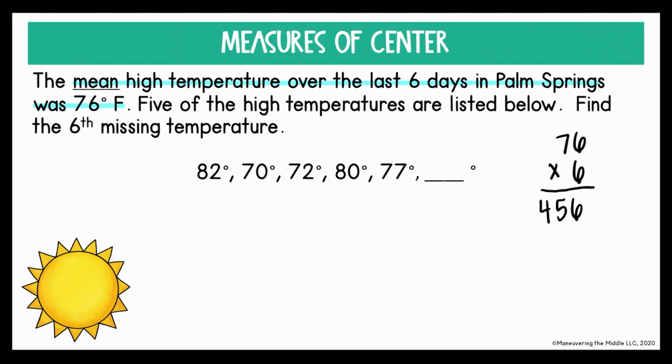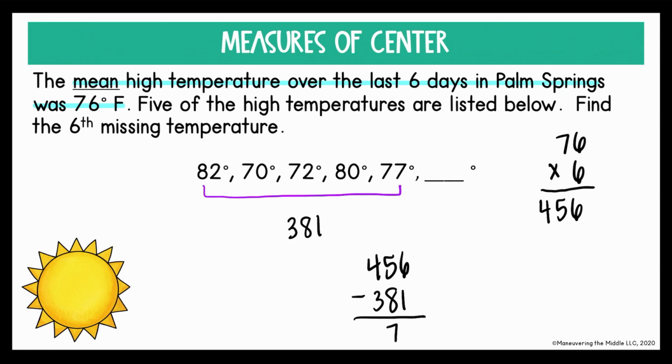I'm undoing, so I'm multiplying by 6, and I had a sum of 456. Now I can find the sum of the data that I do know, and when I add all of those up, I get 381. So now I can subtract, and when I subtract those values, I get 75. So I know that the missing amount is 75 degrees.